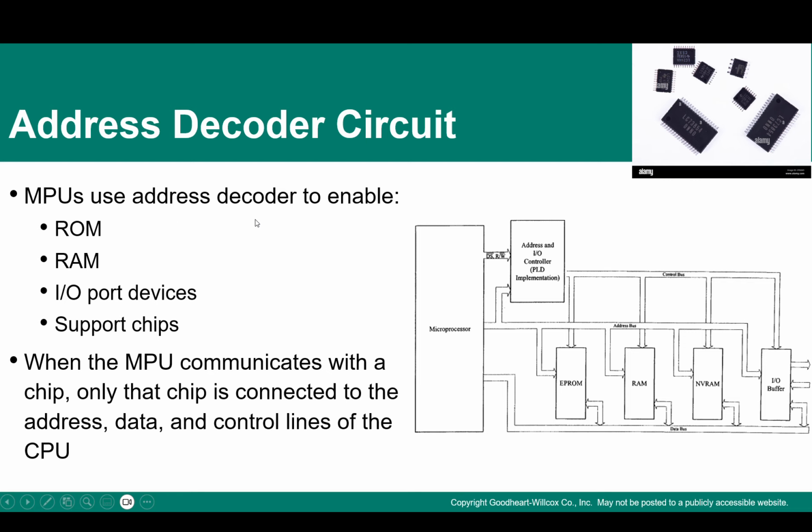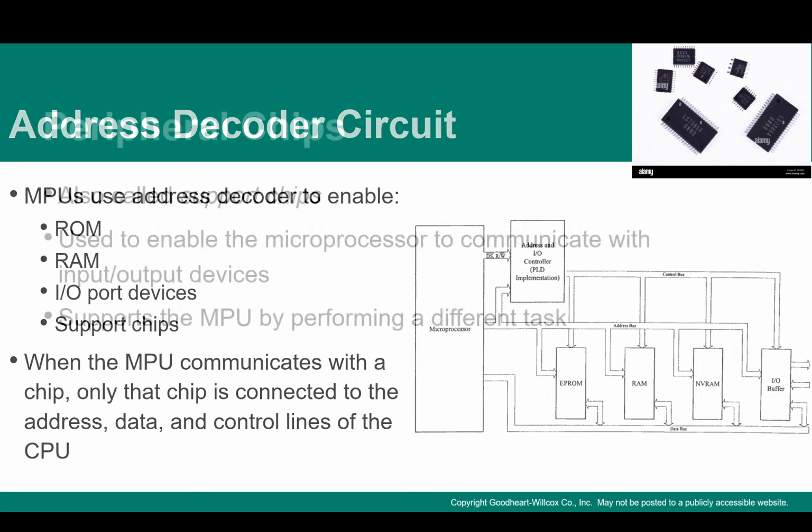The MPU uses an address decoder to enable ROM, RAM, I/O, or other chips. When the MPU communicates with a chip, only that chip is connected to the address, data, and control lines of the CPU. All the other chips are not selected. Okay, so you can also think of it this way: the address decoding unit is only selecting one chip and disabling all others for communication from the microprocessor to that particular block.